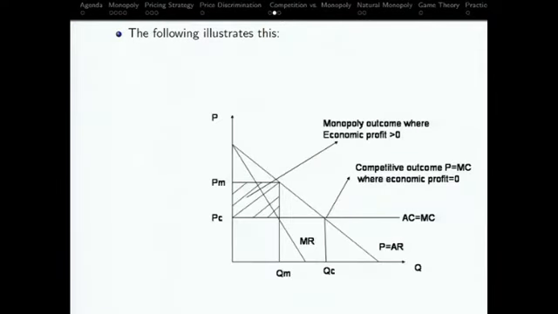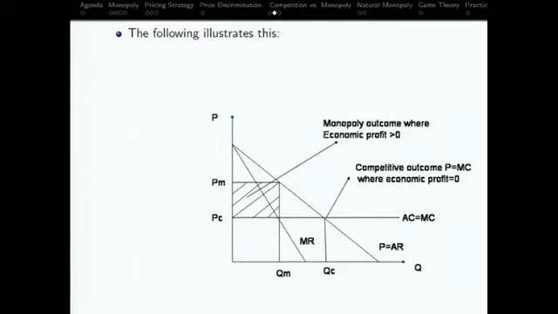Now here's one of the important things that you need to know. What I'm doing here is trying to compare a monopoly and a competitive firm, and I want to know which market is more efficient. So this is 8.